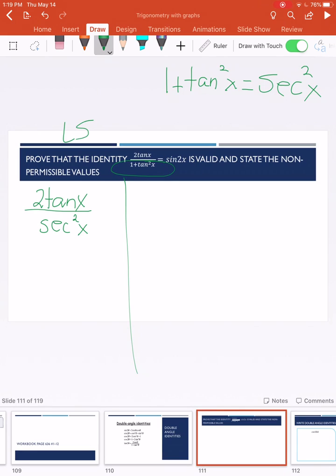Now that I've done this, let's use quotient identities. I'm going to make that smaller. Tan is the same as sine over cos, and I'm dividing by secant squared x. Secant squared x is the same as 1 over cosine squared.